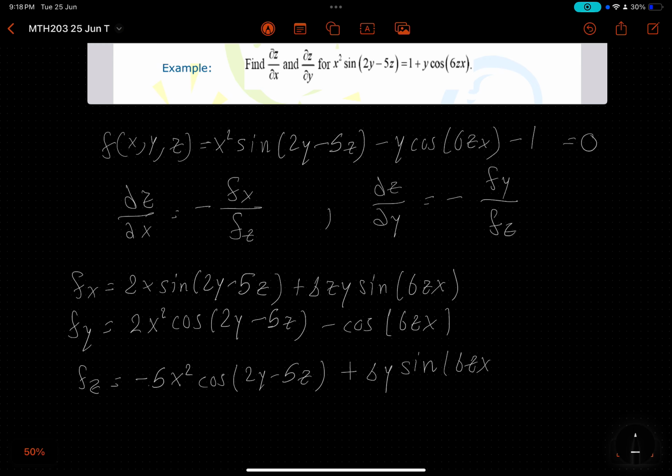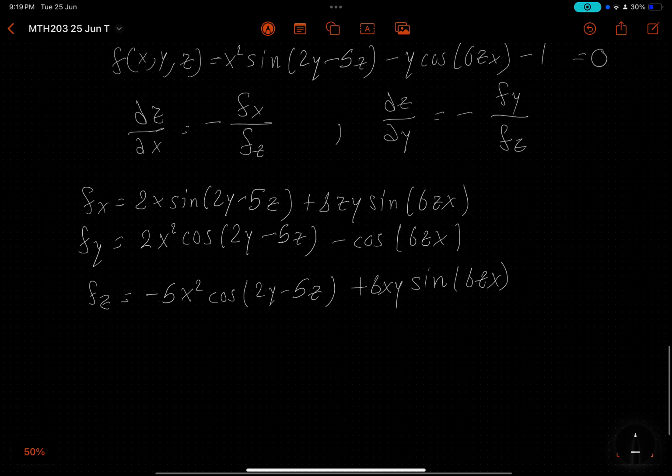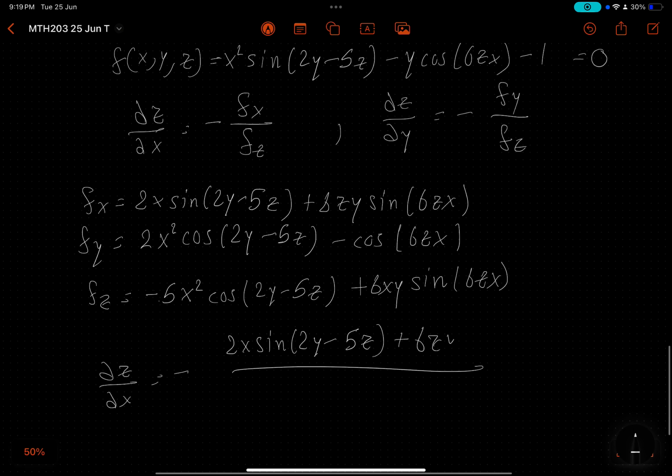Actually, we're also going to have x, so we're going to have 6xy sine of 6zx. Now this is very simple. We just plug in the values that we got, and we get the implicit derivatives.